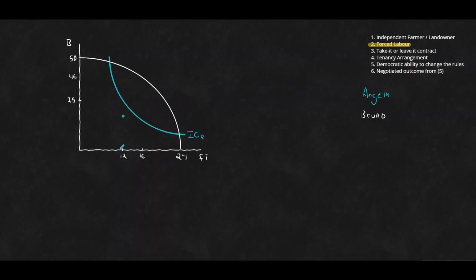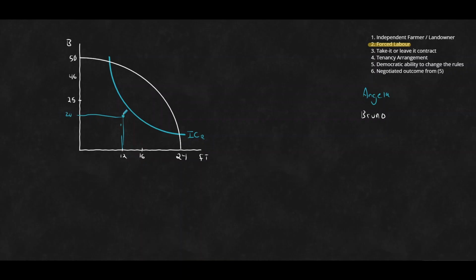If we end up in a situation where we attempt to, let's say, do something like this, Bruno tries to get Angela to do 12 hours of work, that is only 12 hours of free time, and similarly, as a result of that, produce some amount of bushels, I don't know, maybe that's 20, we'll see that Angela will refuse this. And my apology, Angela is not producing 20, Angela is getting 20.